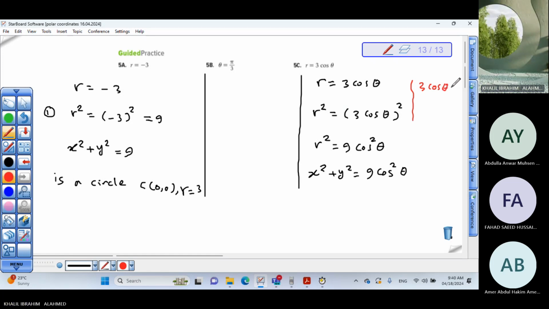We can write x equals r cosine theta, right? But here we don't have r, we have 3. To solve this equation, I think I will leave it for you to complete at home. We don't have time to continue. This is for you to complete. I give a hint here: x equals r cosine theta.